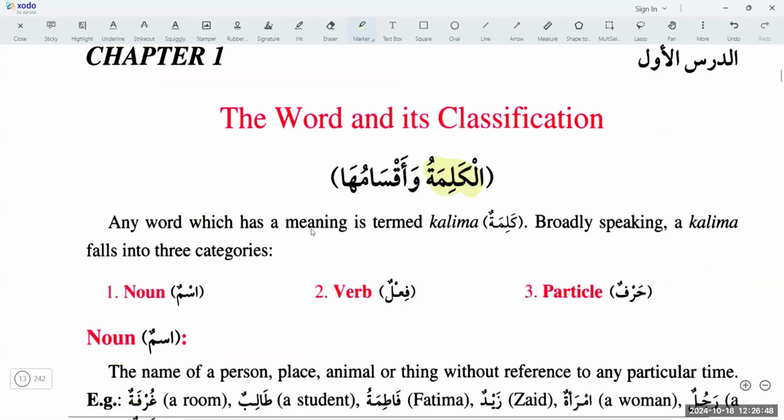Any word which has a meaning is termed a kalima or kalimatun. Broadly speaking, a kalima falls into three categories. In Arabic, there are only three categories, while in English, there are a lot of categories, maybe 8 or more.